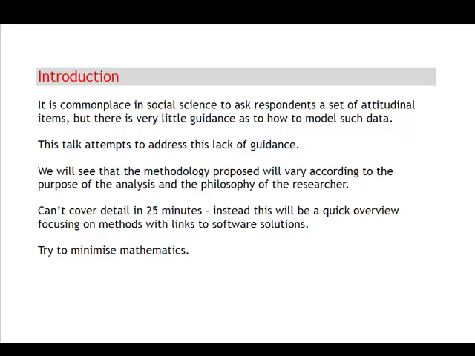We've all seen surveys with long lists of attitudinal statements, but there's very little guidance. Guidance tends to be stuck in the 1960s and 1970s about how to model such data. So I'm suggesting that this talk is a kind of statistical overview of what can be done with attitudinal data.